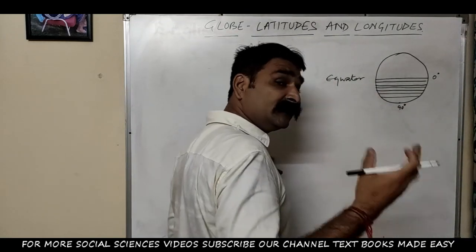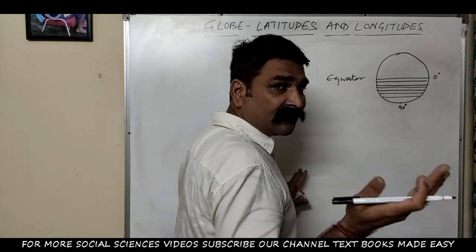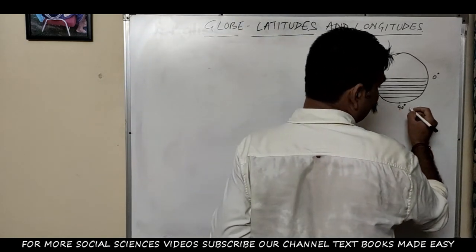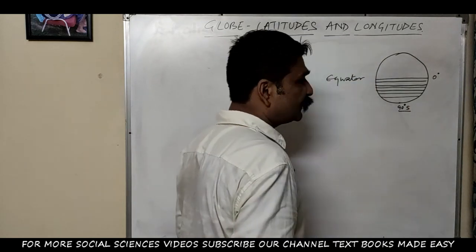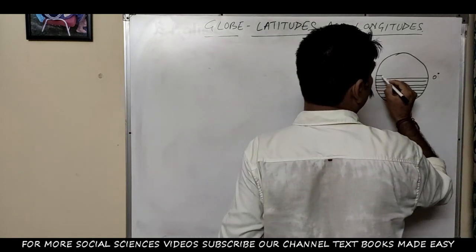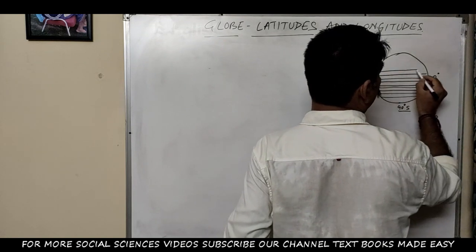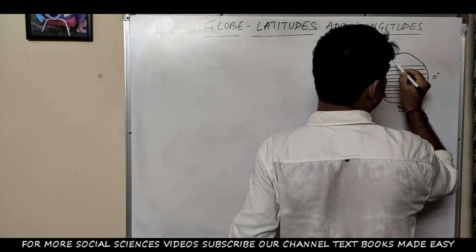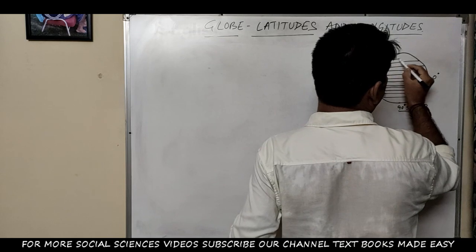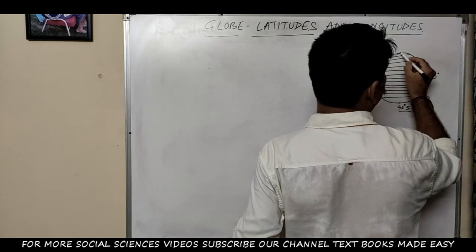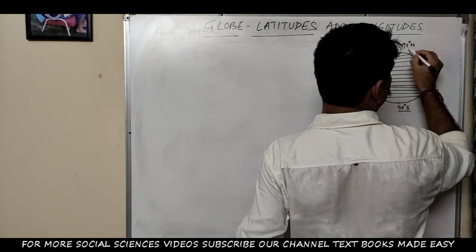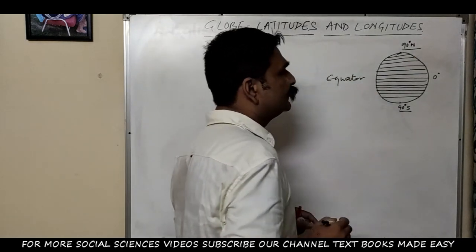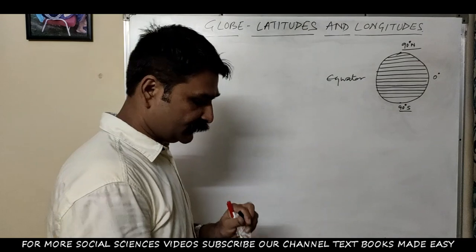And what will this have, N or S? It will have S because this is located in the southern hemisphere. Now we draw more latitudes in the northern hemisphere, and this point will be 90 degree N. Fine. This denotes the northern hemisphere.